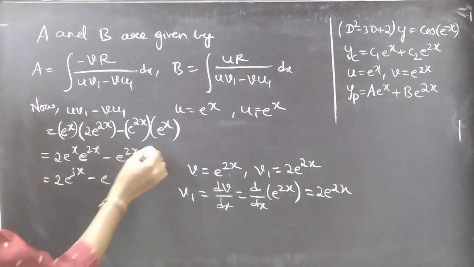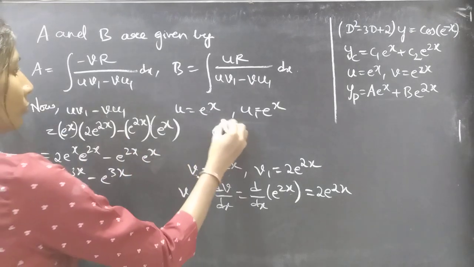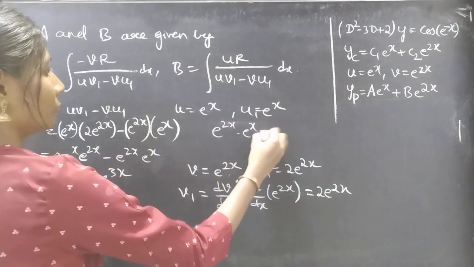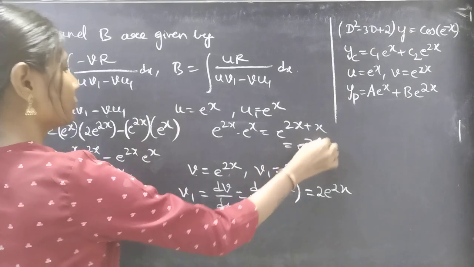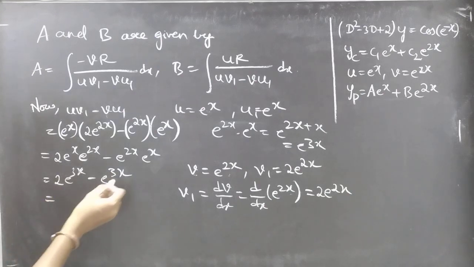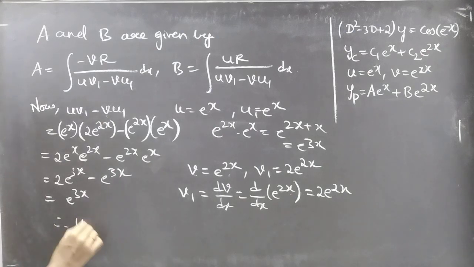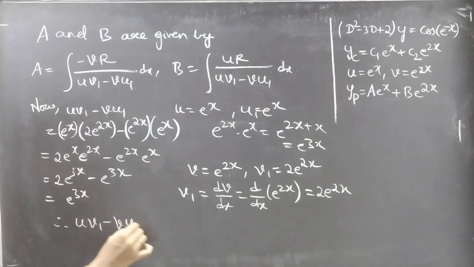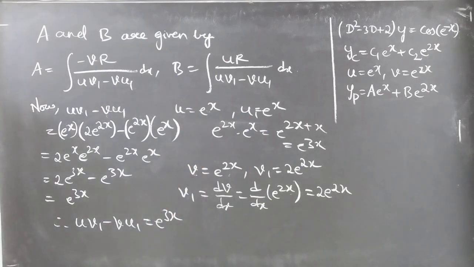Minus e^2x times e^x is e^3x. So this equals 2e^3x minus e^3x, which is e^3x, non-zero. Therefore, uv1 minus vu1 equals e^3x. Now let's find A and B.